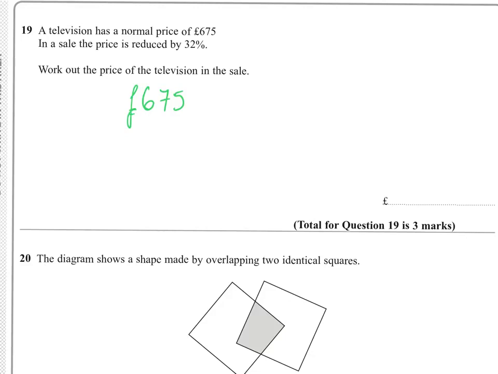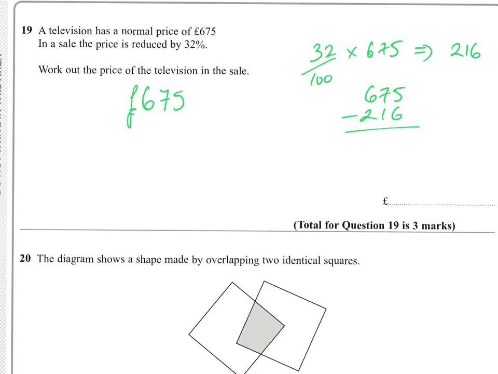So we can either work out 32% of 675, do that on the calculator. So we can just do 0.32, or 32 divided by 100 times 675. And what do we get? 216. And then do 675 minus 216.